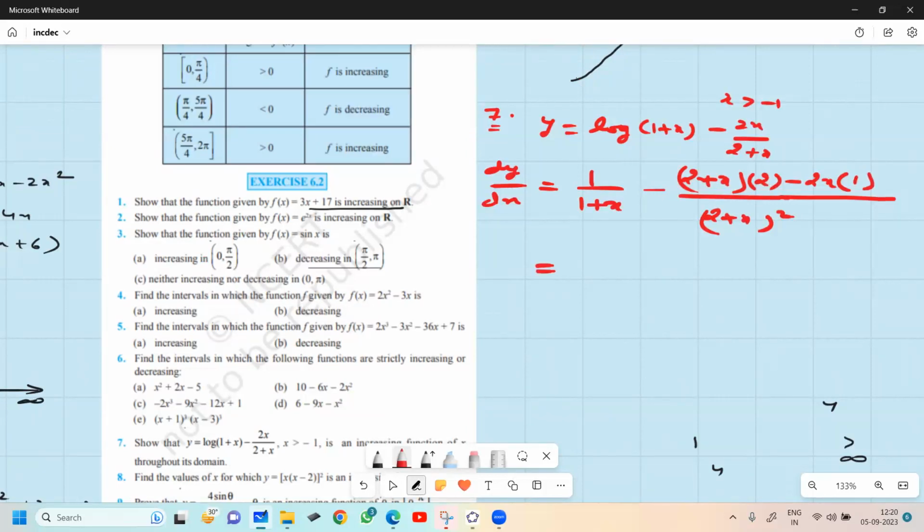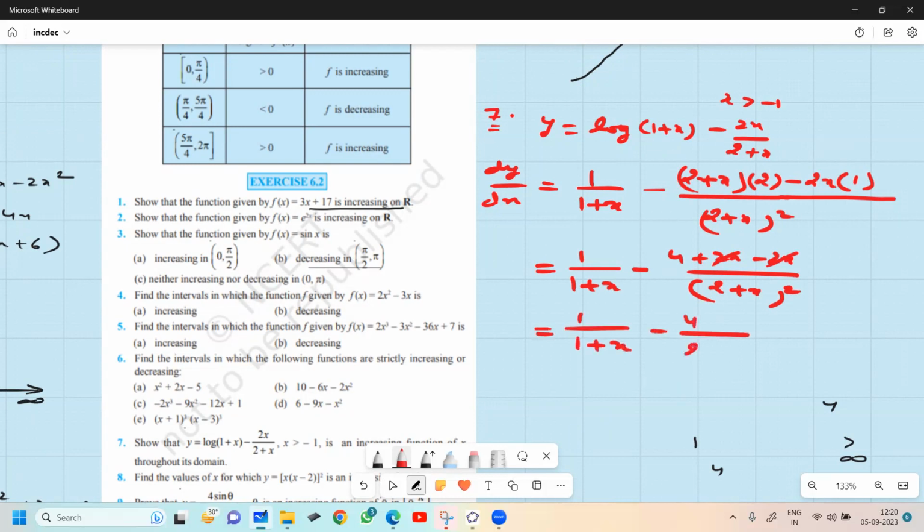So I am getting 1 upon 1 plus x minus 4 plus 2x minus 2x upon 2 plus x whole square. So minus 2x plus 2x cancel. So I am getting 1 upon 1 plus x minus 4 upon 2 plus x whole square, right?